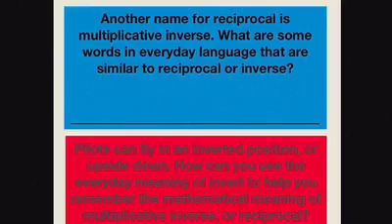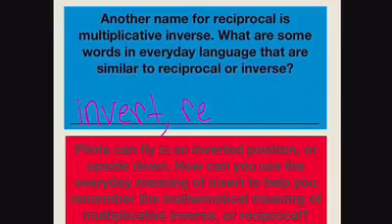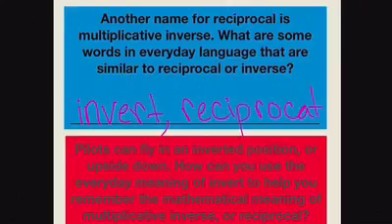Maybe you've heard the word invert before, and this doesn't have to be words from math. It could be from anywhere. Or maybe reciprocate. Let me add the E on reciprocate. Those are words that are similar to multiplicative inverse and reciprocal.